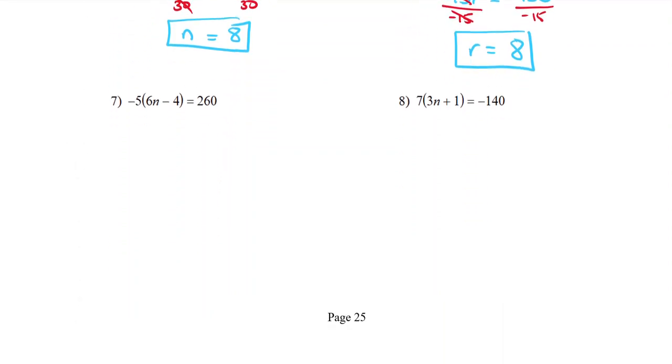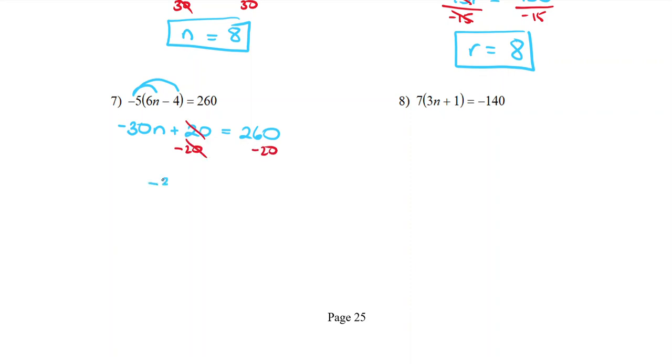Let's do these last couple. So we're going to do minus 5 times 6 is minus 30n. Minus 5 times minus 4 makes a positive 20. And that is equal to 260. What's my next step? Yes, minus 20 minus 20.